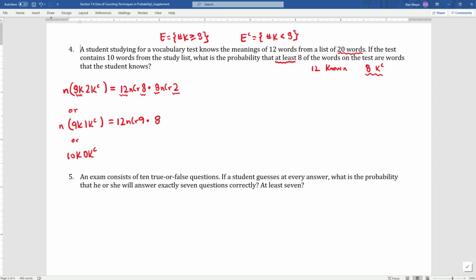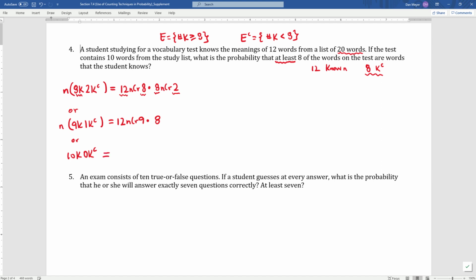So there are 8 ways to pick 1 unknown word. You don't have to necessarily do everything with combinations. If you're only choosing one thing, that's kindergarten counting. It's kind of interesting that just choosing one thing is something you can do in kindergarten, but choosing two things, that's something that we need a college degree to handle, I guess.